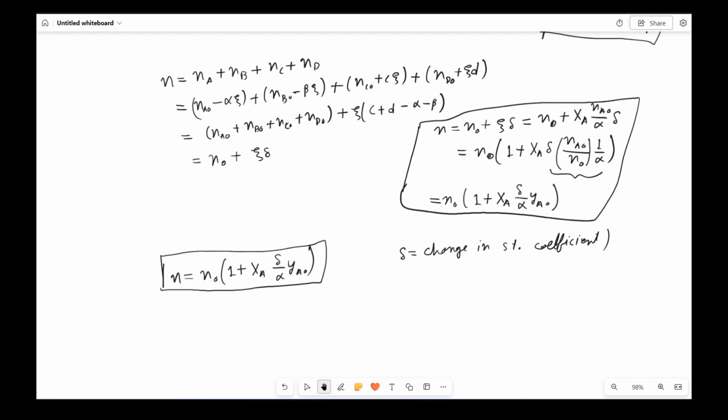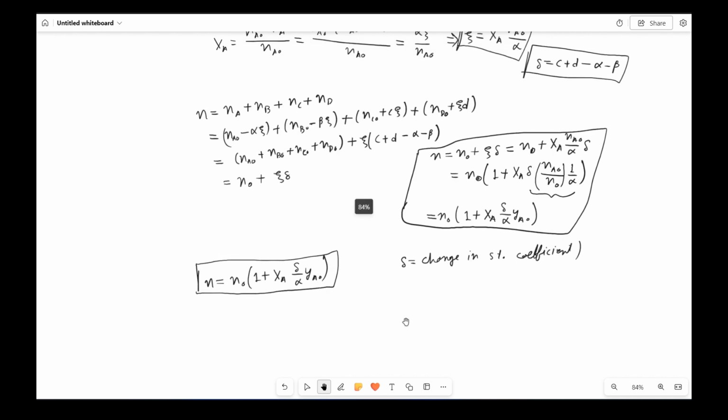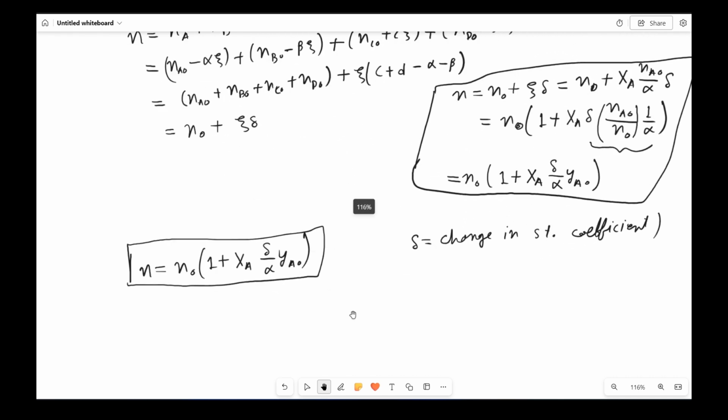Suppose now let us take a case. Suppose initially Na naught, Nb naught, whatever species we have considered.